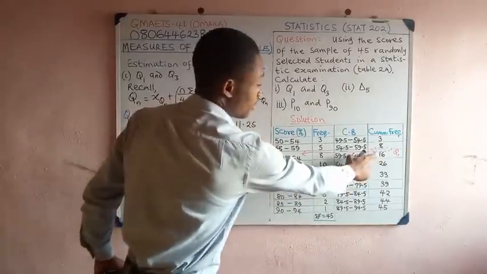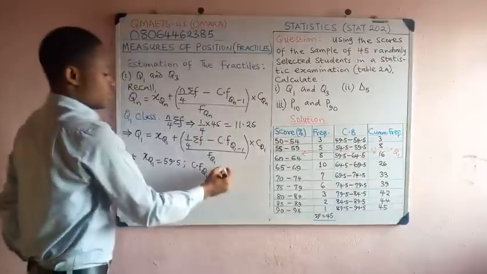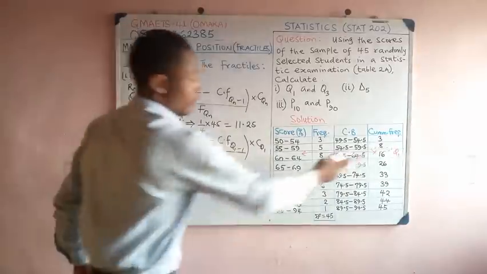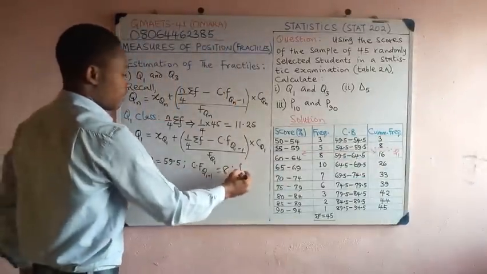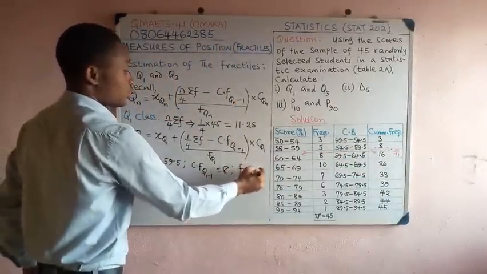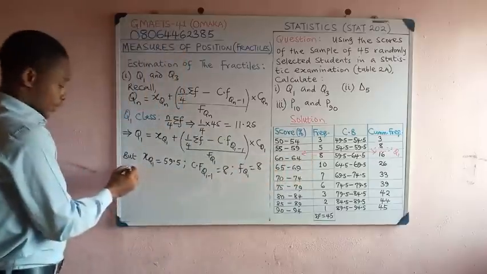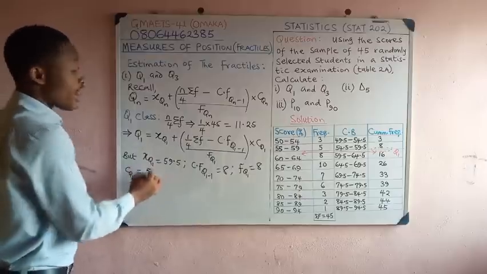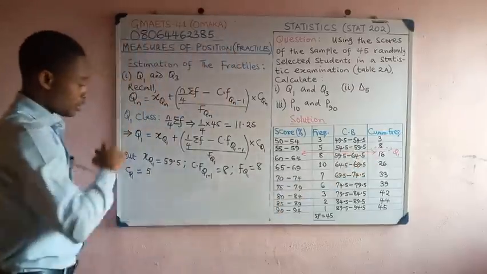This is our first quartile class, so the class before it is 8. That's the cumulative frequency of the class before the Q1 class. Then we need the frequency of the first quartile class, FQ1. The frequency is 8. And of course, our class width, CQ1, you can find out that it's equal to 5. You can do upper class boundary minus lower class boundary.